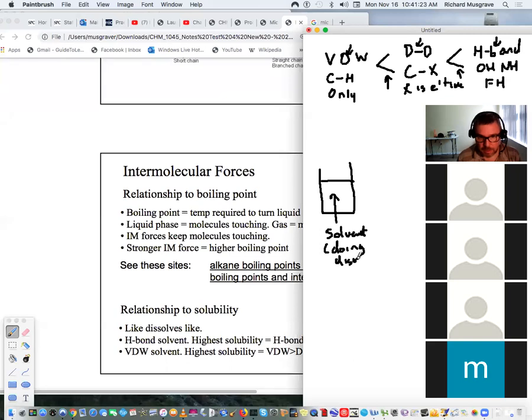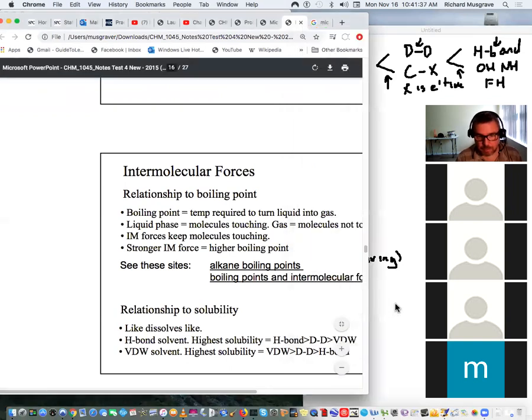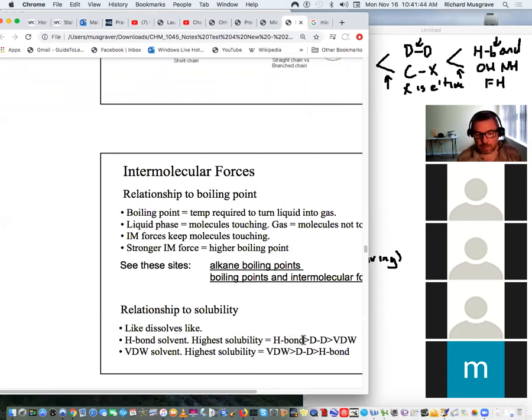And it turns out that hydrogen bonding solvents like water will tend to dissolve hydrogen bonding solutes, things that you add to it. I'll give you an example. If you were to take sugar which has lots of OHs in it, it dissolves pretty easily in water.